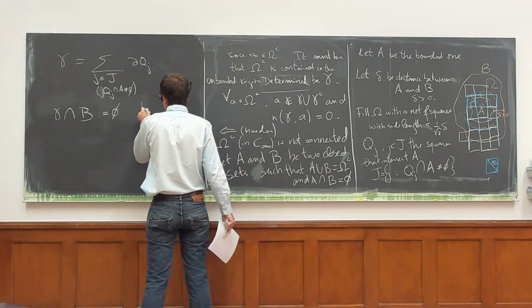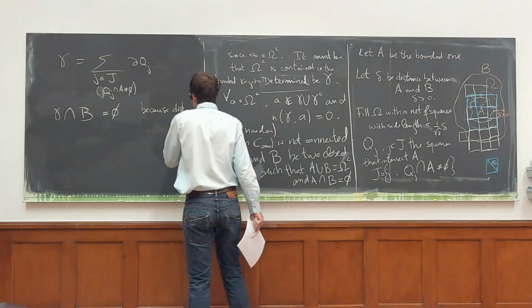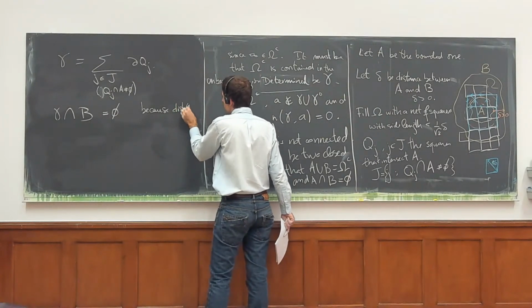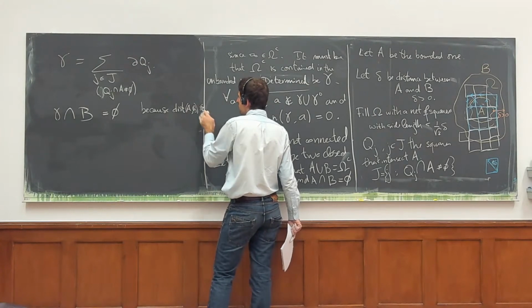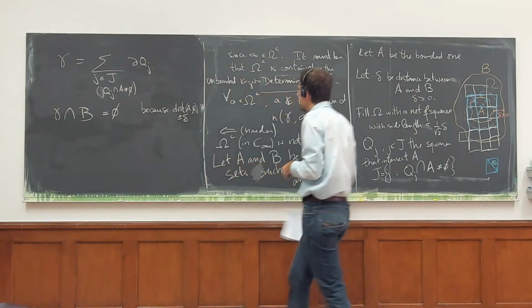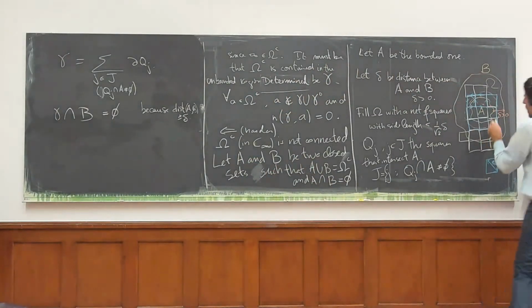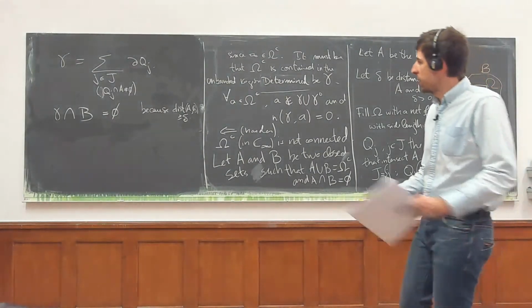Because the distance between A and B was bigger or equal than delta. So maybe I'll write it here. It's bigger or equal than delta. So since they intersect A, they cannot possibly go all the way and intersect B because the diameter of the square is smaller than delta.